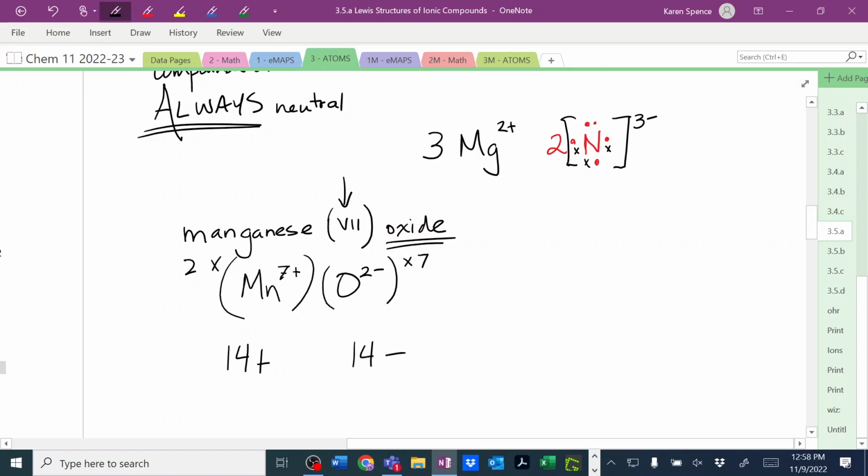But of course, we don't write compounds like that, right? We write them like this, Mn, and if we want 2 of them, we write the 2 down here. And then we have the oxygen. We don't write times 7, we write the 7 down there. And we don't write the charges when they're in there. Like I said, this is next unit, but it is review from previous years. So I thought I would just do a little introduction there.